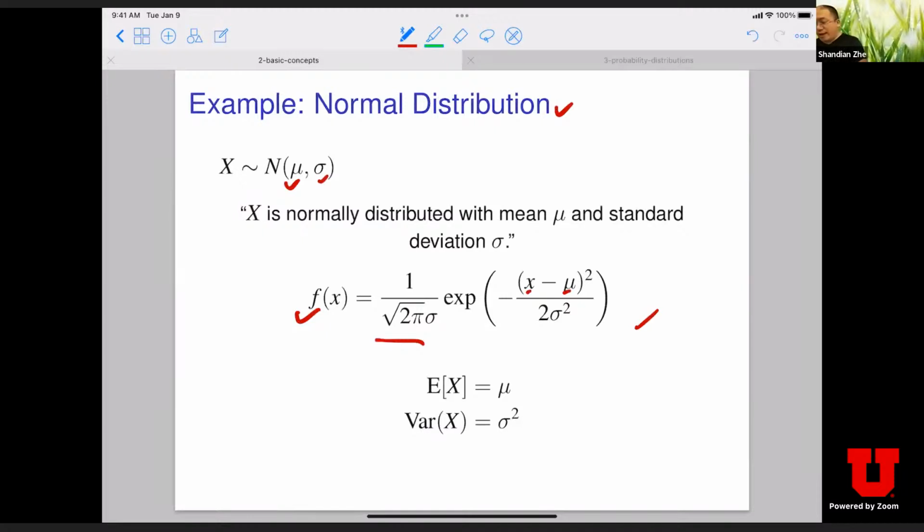It ensures that when I integrate my density function from minus infinity to positive infinity, it is 1. You can also show that with this definition of the density function, if you take the expectation with respect to x, you get mu. And if you calculate the variance according to the formula mentioned, it gives you sigma squared.